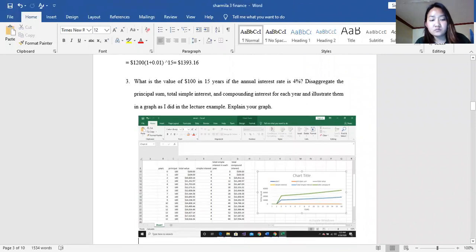So for question number 3, what is the value of $100 in 15 years if the annual interest rate is 4%? Disaggregate the principal sum, total simple interest, and compounding interest for each year and illustrate them in a graph as I did in the lecture exam. Explain your graph.